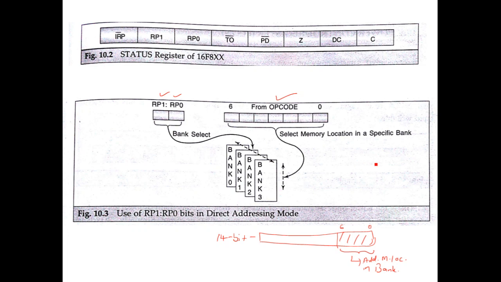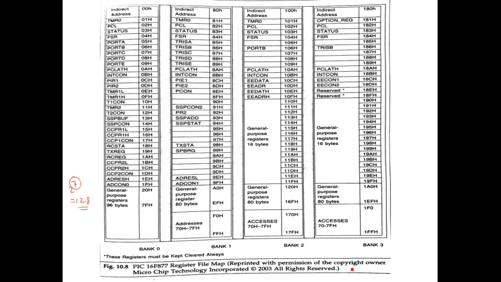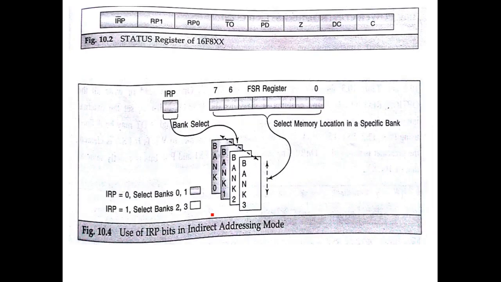Out of the 9 bits of address actually required for selection of a given location, 8 bits will be held in that FSR register, and 1 bit is held in another bit of the option register. We will see that. So in the indirect addressing mode, what happens is like this.